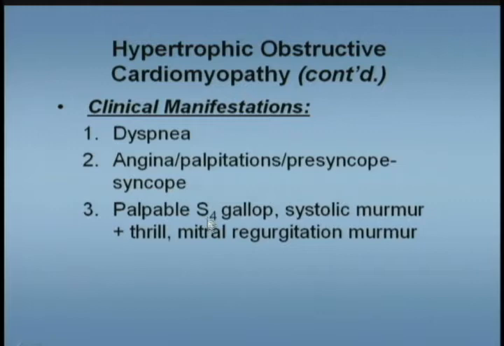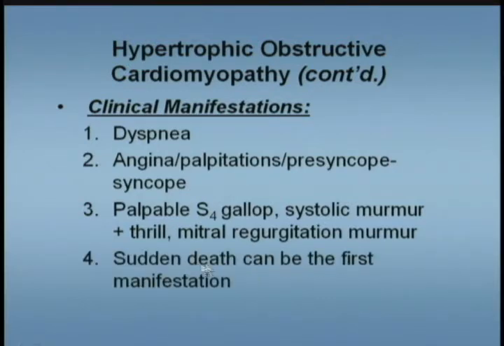Hey, why do we get an S4? We get an S4 because we have left ventricular hypertrophy. You see, when it says sudden death can be the first manifestation, it's definitely your last if you have it.